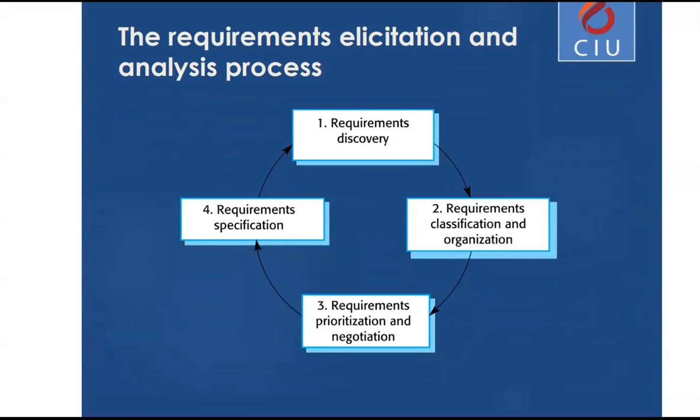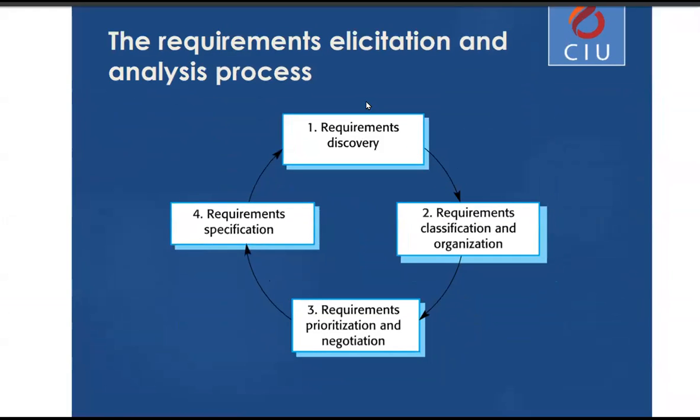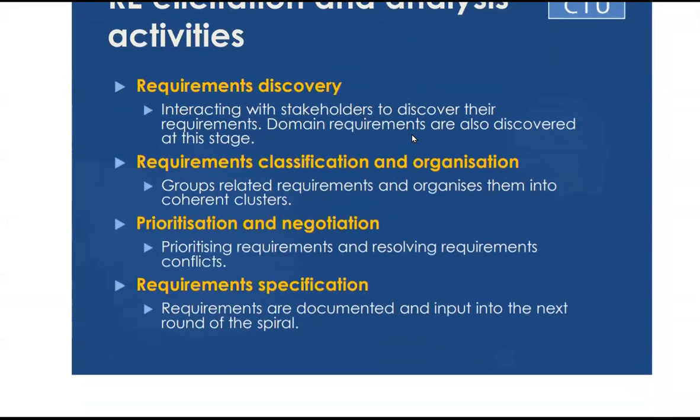Everything you see in this course is a circle, every single diagram, because the software process is not something you can end. As soon as you end it, you basically risk the software wearing off. Elicitation and analysis, despite being different steps, are often combined into one.